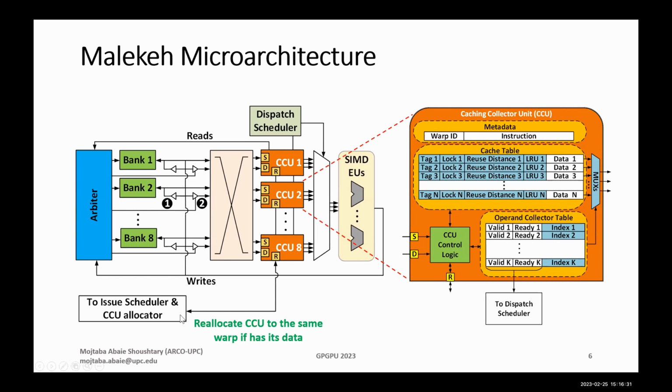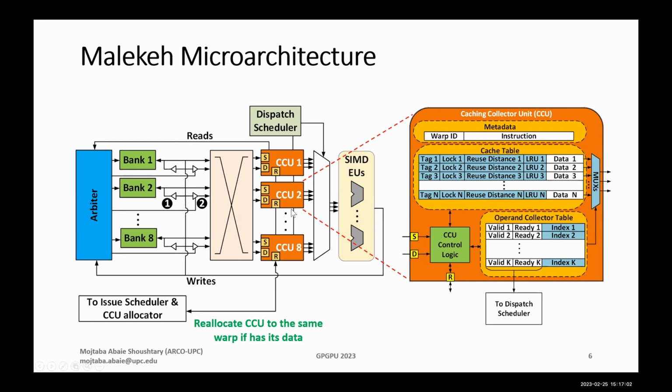We also changed the way of scheduling and the allocation of collector units because this is the way that we know which warp occupies each collector unit, and to avoid potential incoherence issues, we decided to limit each collector unit to one specific warp.